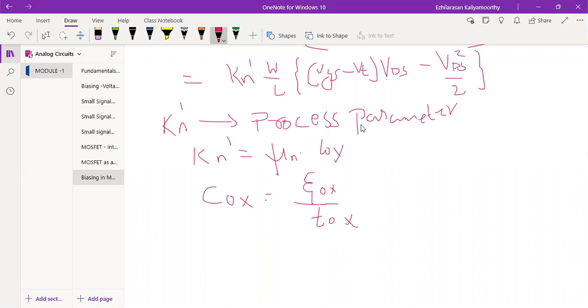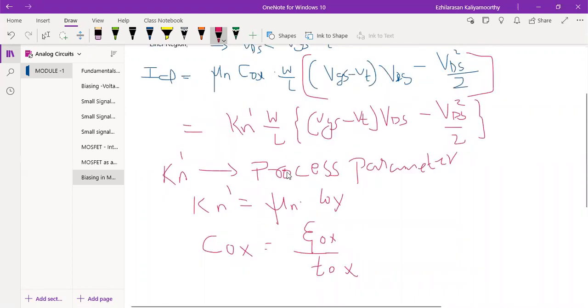This is the formula. We need to know this is for the linear region.